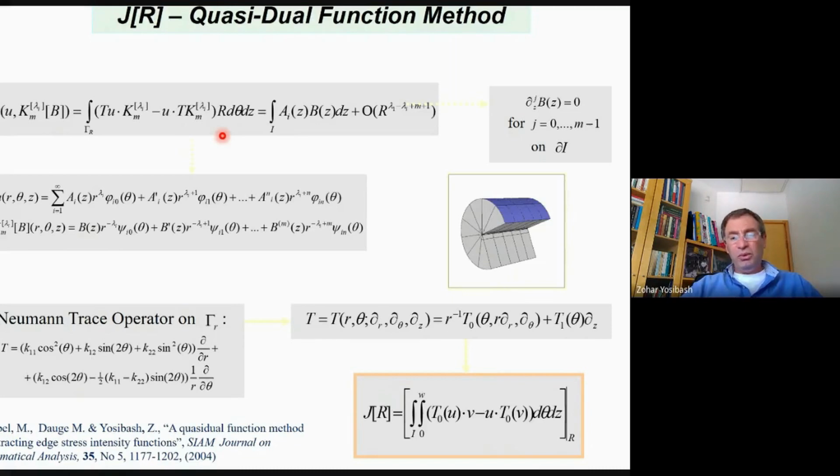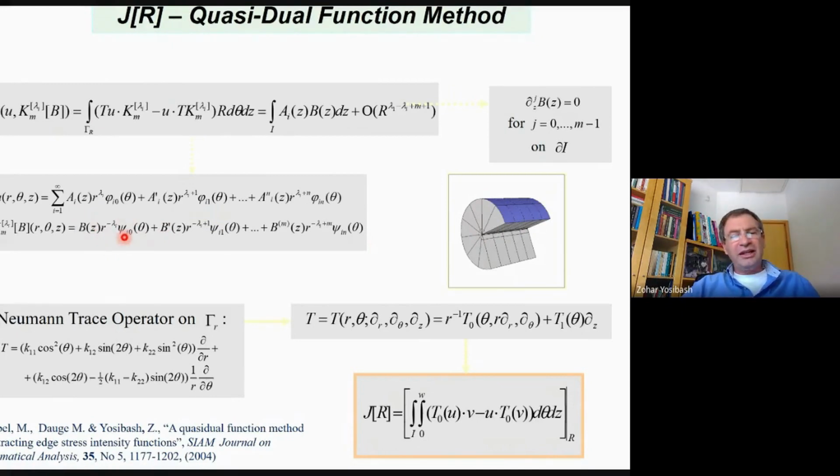Now we want to apply the same methods, but we cannot take only one term, which is associated with the negative value of the function here, which we would like to compute. In order for us to apply an integral over a cylindrical surface quite far away from that crack front, we don't need only to take the first term.